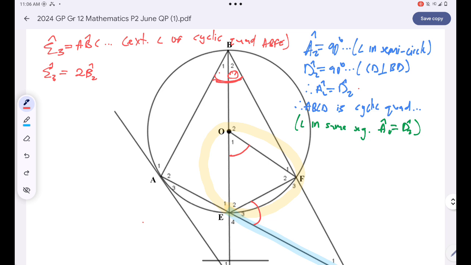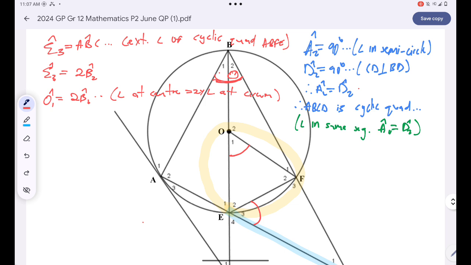Okay, and what else do I know? I know that angle O1 is 2 times angle B2 as well. Angle at center is 2 times the angle at circumference. Are we together?